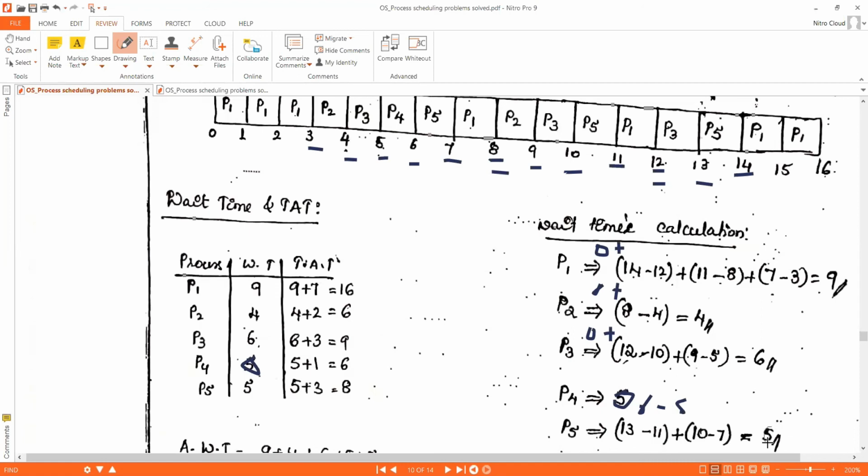Total is 6 milliseconds, the waiting time for process 5.